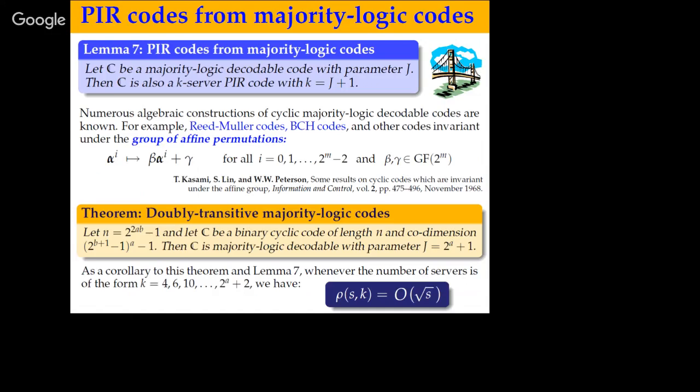So the redundancy for these values of K as n becomes large is only square root of s, which is much better than this. So this I have reduced to s to 1. So for large K, this is much better than K minus 2 divided by 2.